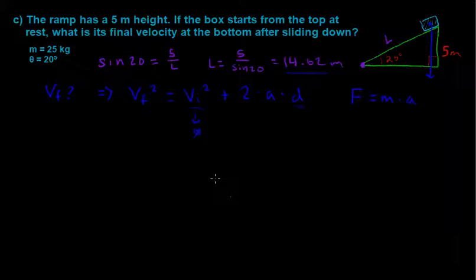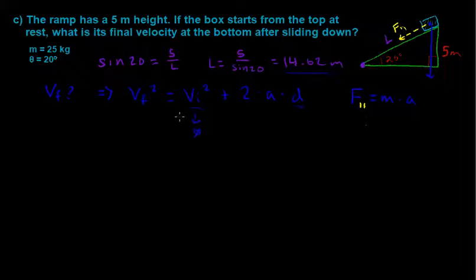But as we solved in the first parts of the problem, the force that we know is truly making this box go down the ramp would be the parallel component of force, because the perpendicular component, which points into the ramp, does not cause the box to accelerate. So the acceleration that our box experiences is due to the parallel component of gravitational force.